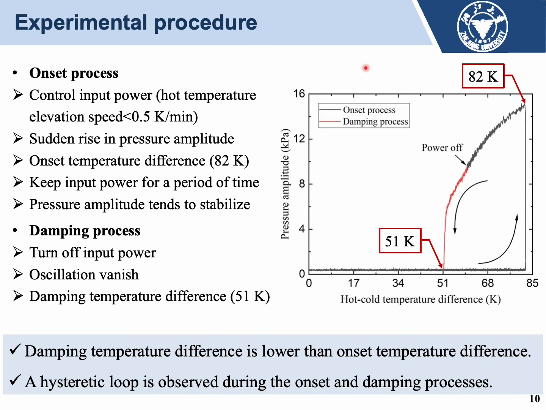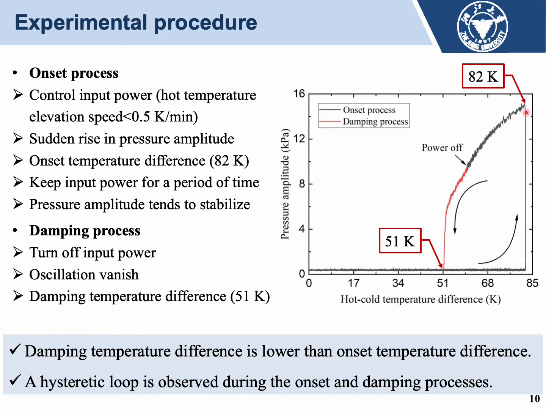At the beginning, the pressure amplitude maintains around 0 with the increase of hot-cold temperature difference. When the hot-cold temperature difference exceeds 82 Kelvin, the pressure amplitude experiences a sudden rise, indicating the occurrence of onset. Thus, 82 Kelvin is regarded as the onset temperature difference for the illustrated case.